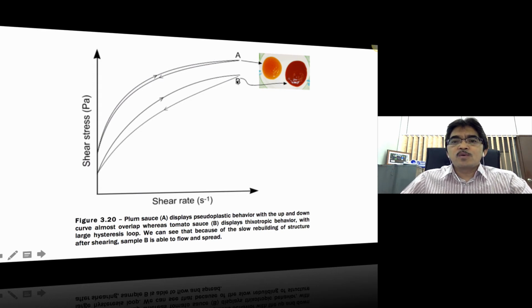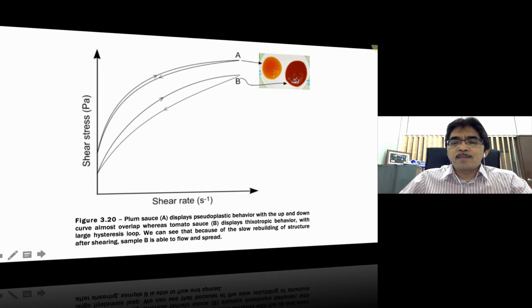Okay. So remember, thixotropy is time dependent. At this point, the viscosity is lower than the initial one, and it takes time to recover the viscosity, while sample A, which is pseudoplastic, time independent, will recover almost immediately.